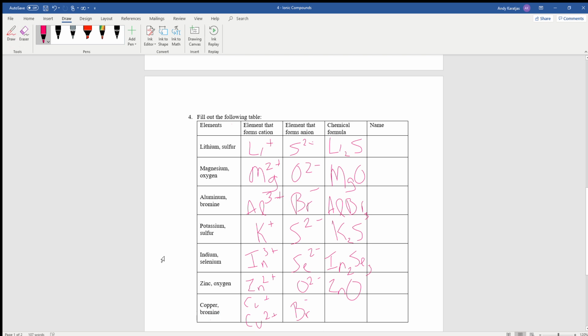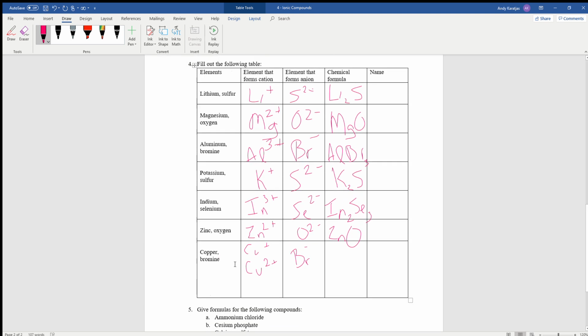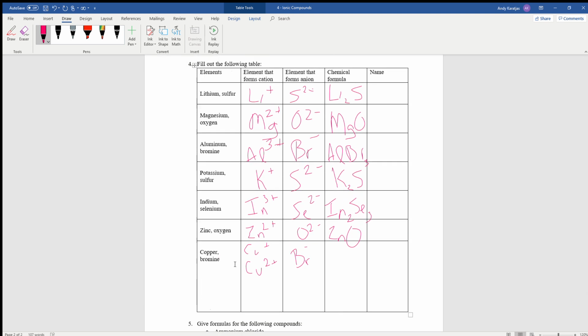And then copper and bromine, a little more complicated because we have 2 possible charges. So if we are using copper +1, then we'd have copper bromide, 1 of each. If we're using the +2, then we need 2 bromines.